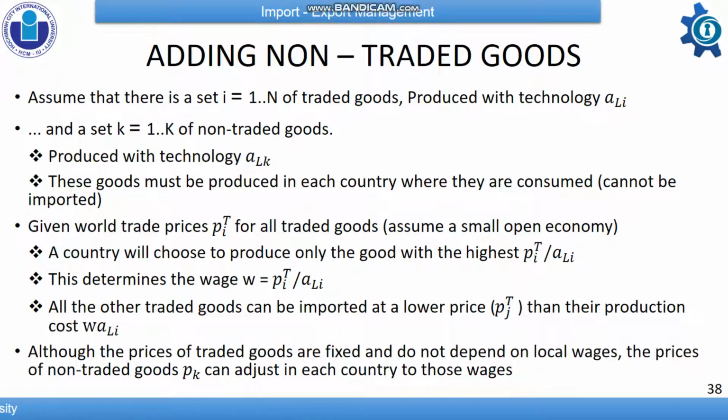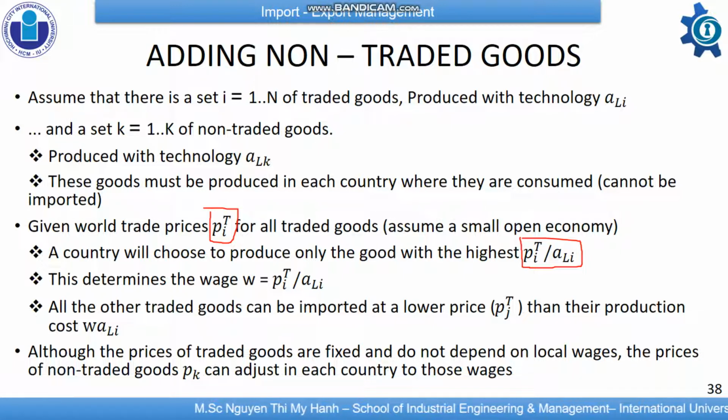So given that all the traded goods will be traded at the price P_i^T, and we assume that we consider a small open economy, the country will choose to produce only the good with the highest ratio between the price and the unit labor requirement, and this one is the wage, right?